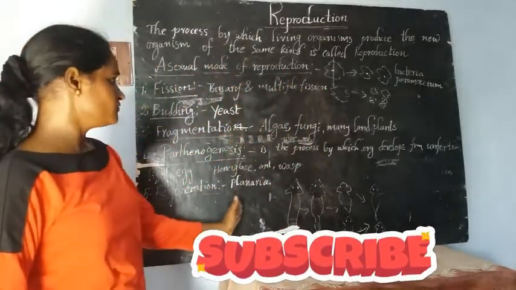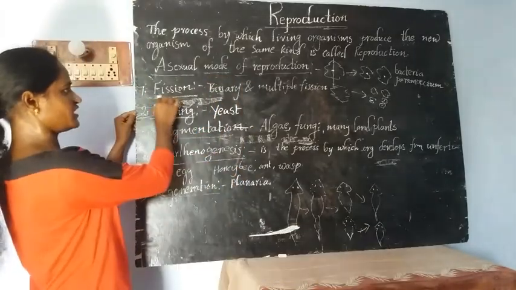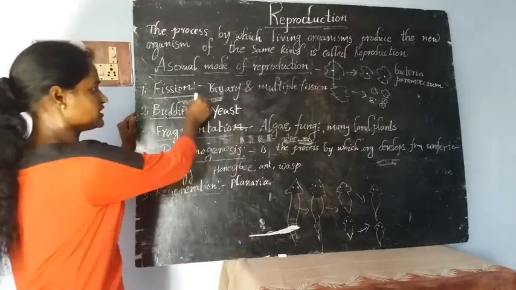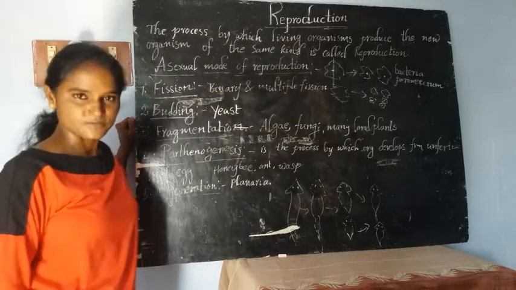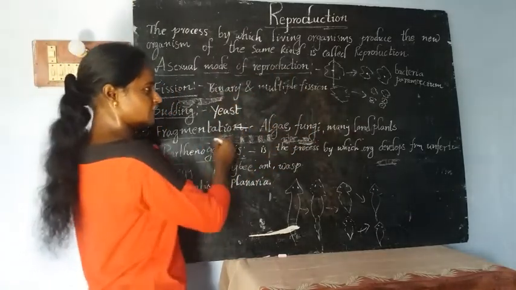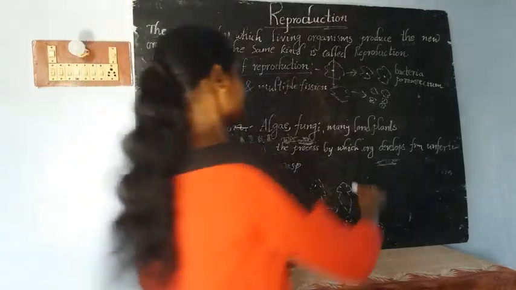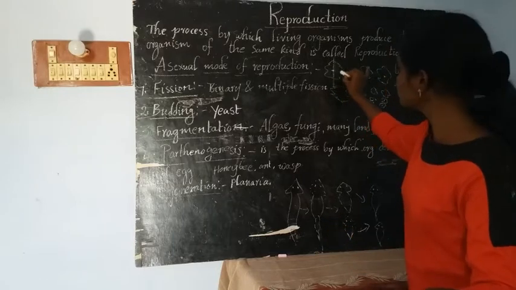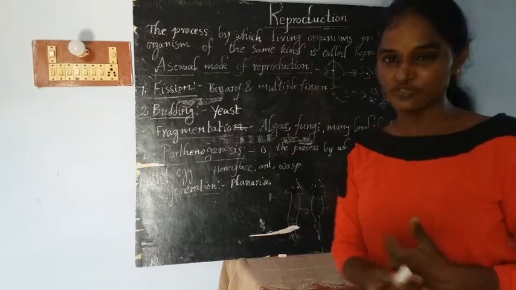See here, we have different modes of asexual reproduction. The first one is fission. What is meant by fission? Fission is of two types, binary fission and multiple fission. In binary fission, an organism like amoeba or paramecium splits its body into two halves, and the two halves grow into new individuals.